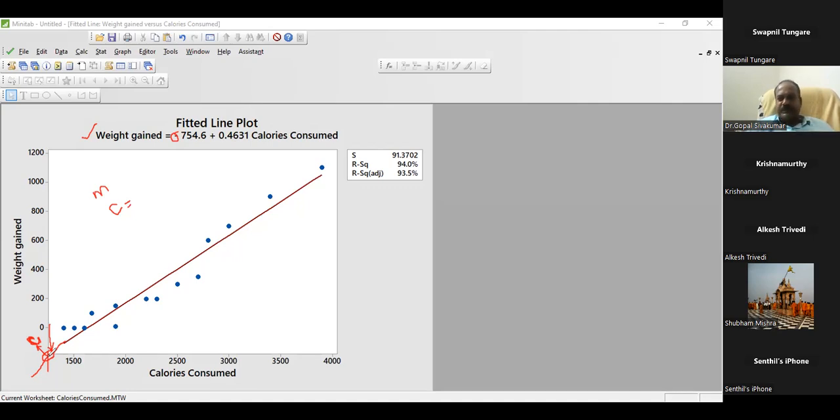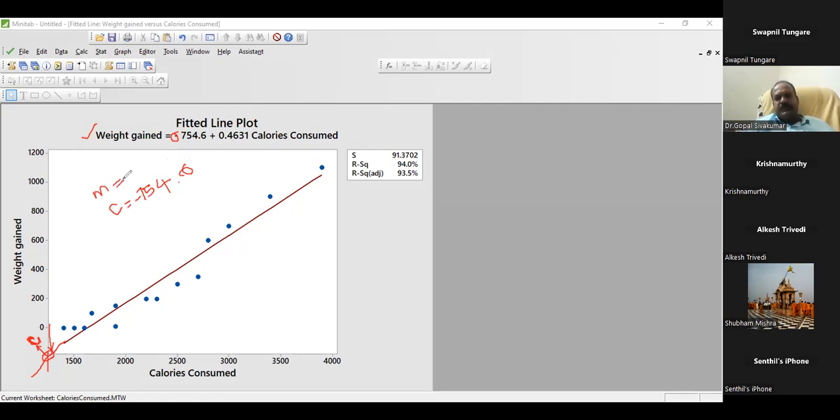Take a 15 centimeter scale and a pencil, and just plot this graph yourself. And then you will see all these things happening automatically. But Minitab is working like an assistant to you. It is doing everything. And now C is found to be minus 754.6.